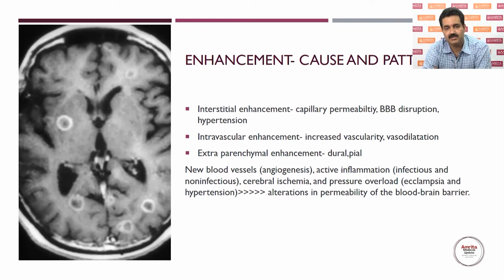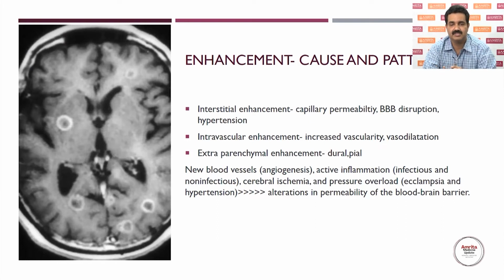But we can also see intravascular enhancement, where we see a lot of contrast uptake, but this uptake is due to the increased blood supply. You may see a lot of vessels appearing as enhancement, but it is actually only intravascular enhancement. So there will be increased vascularity or vasodilation. Sometimes we will see extra-parenchymal enhancement.